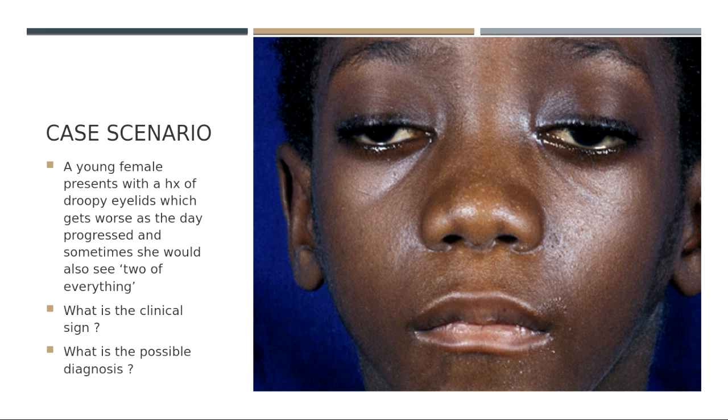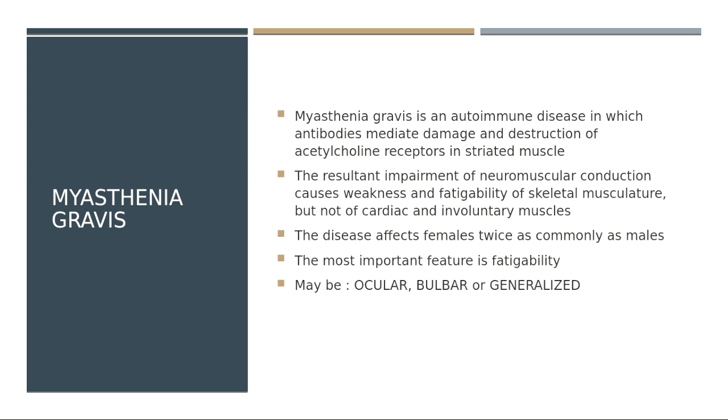Let's see if we can get any further here. Myasthenia gravis is an autoimmune disease with damage against the ACh receptors in striated muscle. It affects females twice as commonly as males, and it may be ocular, bulbar, or generalized, okay?